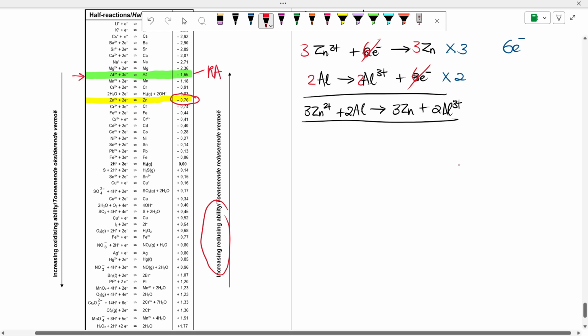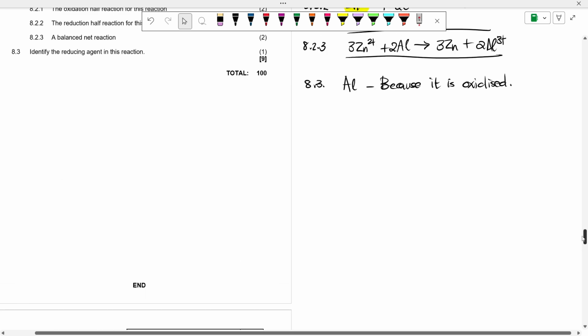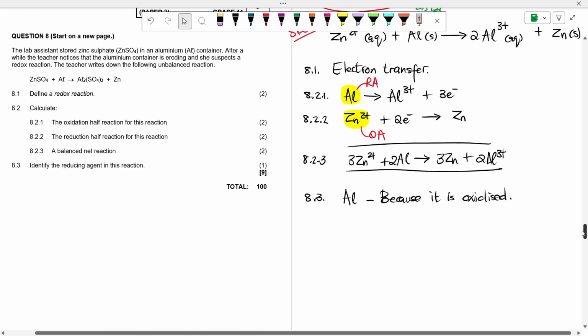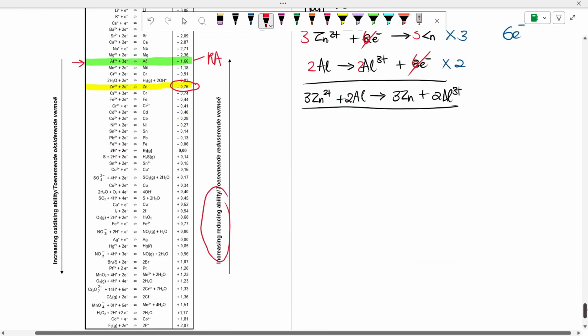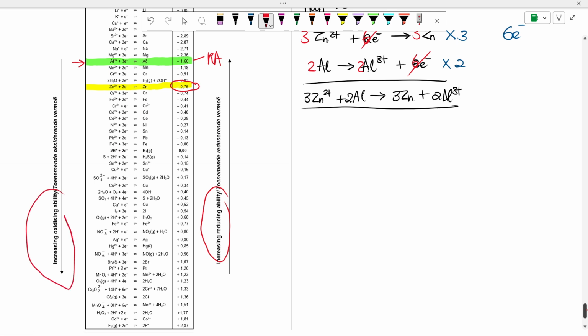And you can see from our analysis, aluminum is a reducing agent. That's what we said. And zinc, you can see it's down, so it's going towards this arrow. It's a strong oxidizing agent. That's what you say. Then due to that reason, there will be a reaction.